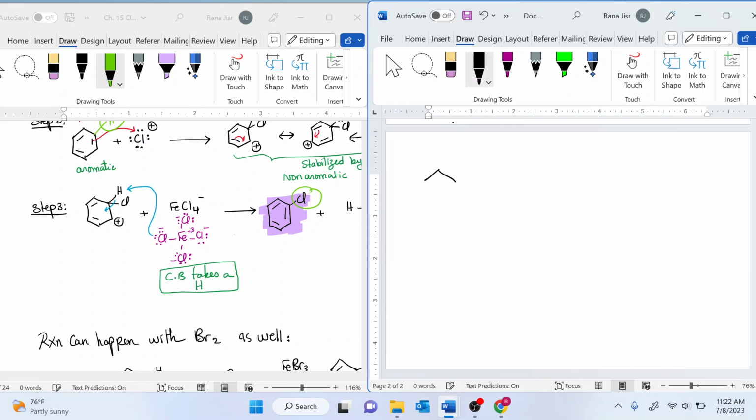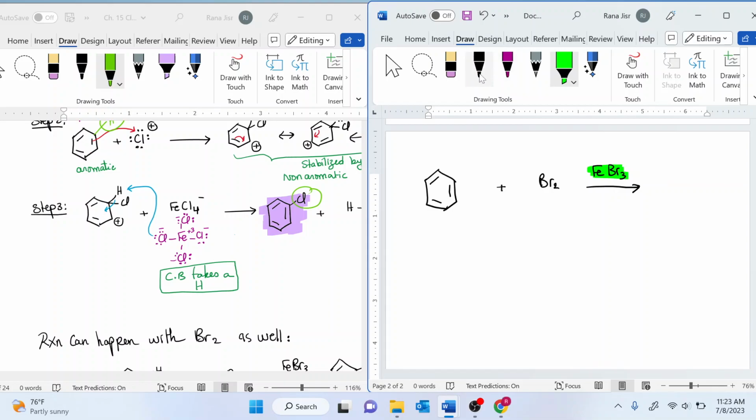The reaction is carried out the same if I am starting with a bromine instead of the chlorine. So here you go. Again, if I don't use a Lewis acid, the reaction will not work. So here I'm using an FeBr3. I can use an FeCl3, but it's better for the halogens to be compatible with each other, but I can also use an FeCl3 as well. So the Lewis acid here is a must for the reaction to happen.